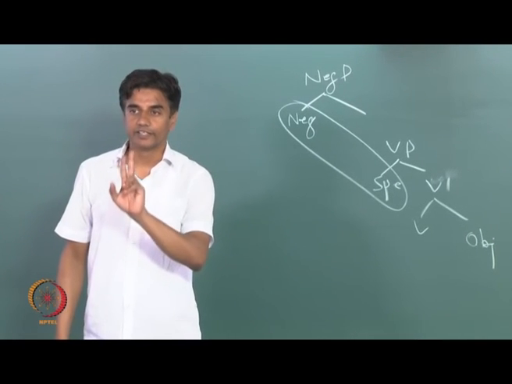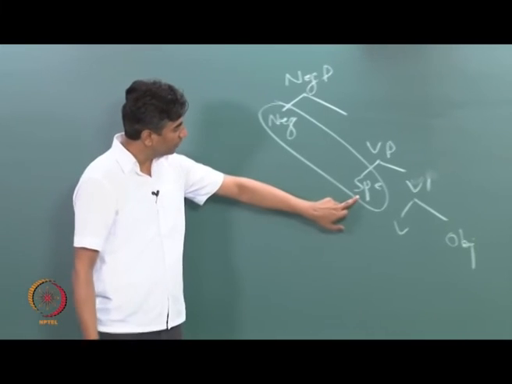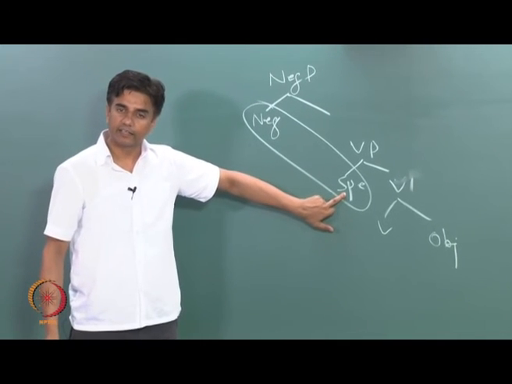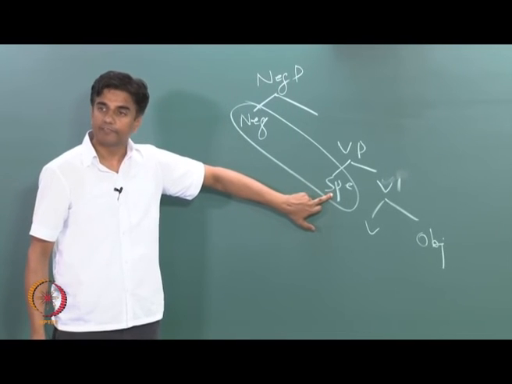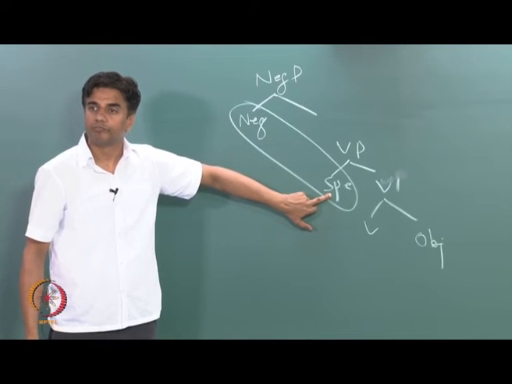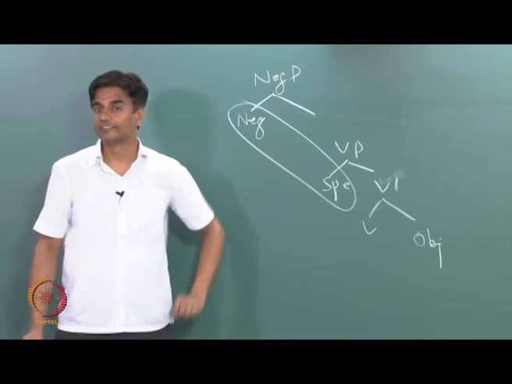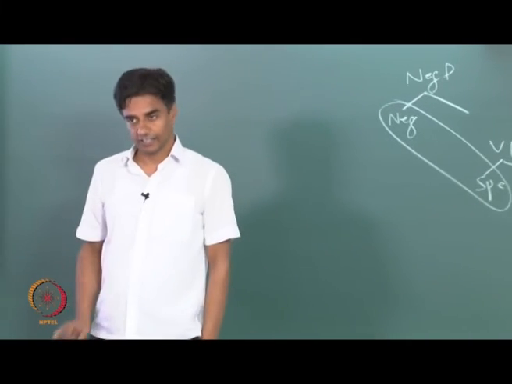Right? But there is a problem here. We know that this subject from the specifier of vP, what happens to this? It moves up. Do you understand this?